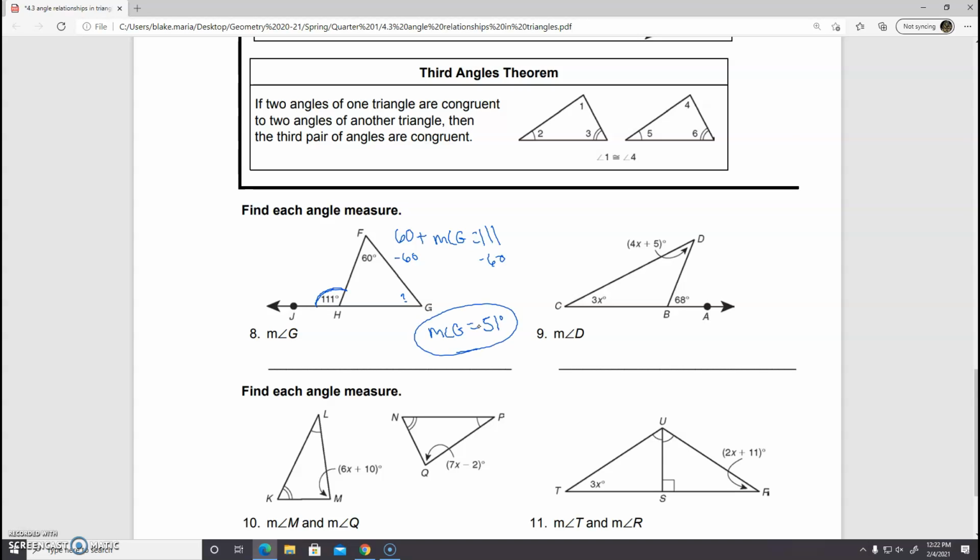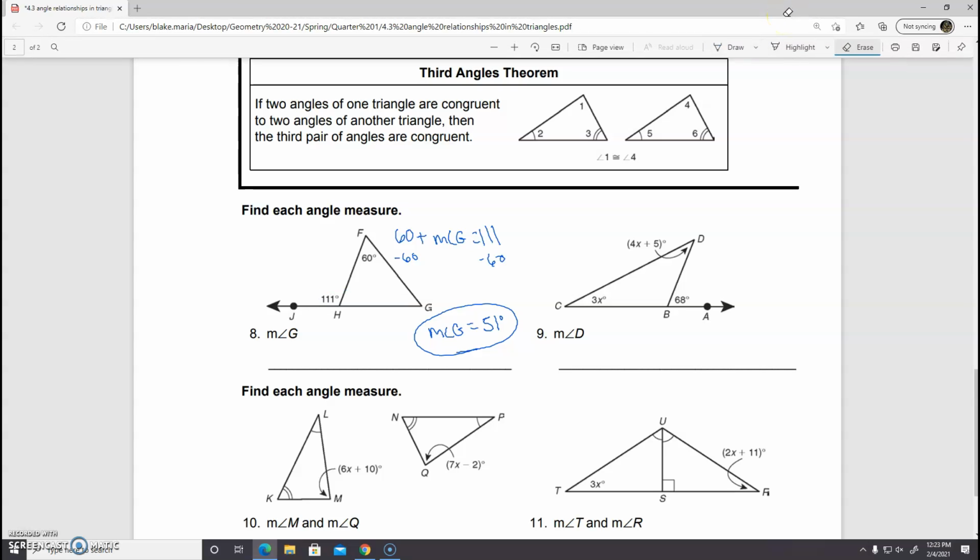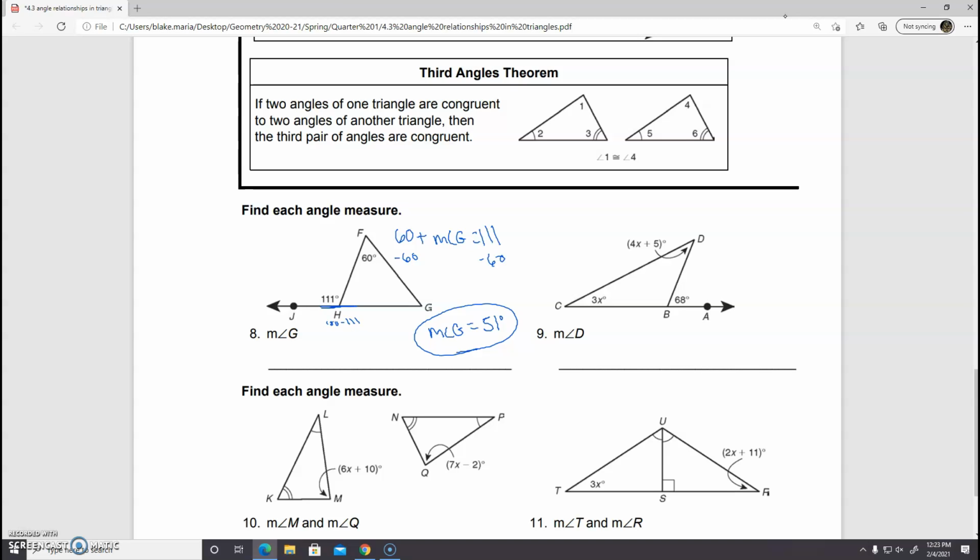Now, if you don't know the why, now is a good time where we can talk about the why. Let's pretend we didn't learn this stuff, right? We didn't know it, and we got this picture. Well, we could say, hey, this is a linear pair. So we could say 180 minus 111, right? And you don't have to write this part down. And you get that this one's 69 degrees.